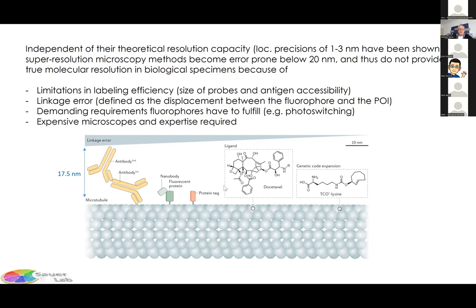Of course, there are smaller labeling methods like nanobodies for some proteins, but they still have a size of a few nanometers. And then all these methods usually work really well only with a single dye, because these dyes have to fulfill demanding requirements like photoswitching. And the microscopes we're using are usually expensive and require expertise.